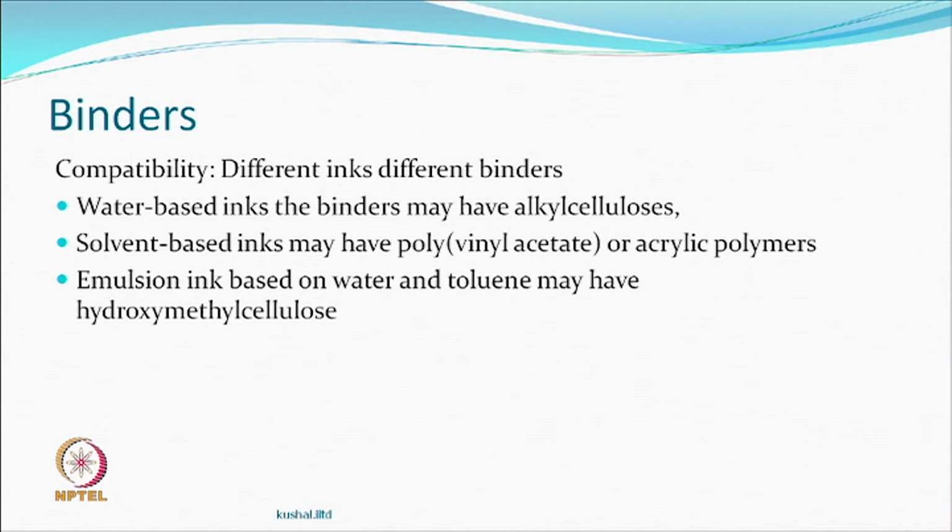The emulsion inks which they use, water toluene, may have another chemical binder like hydroxymethyl cellulose. So, you have something which is compatible with most of them. If you have incompatibility, then there may be precipitation. Whenever you have incompatibilities, you get precipitation. What you need is a nicely dispersed, free flowing ink.